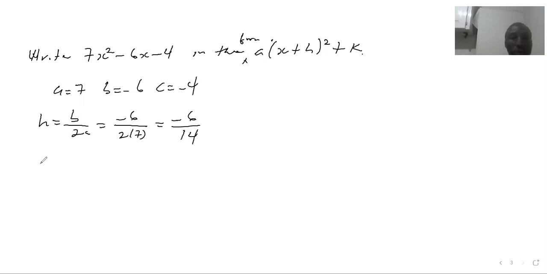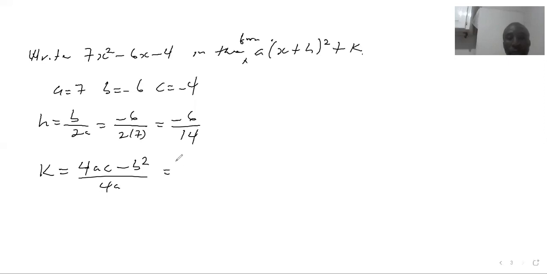All right. I want to quantify my k. The formula for k is 4ac minus b squared all over 4a, right?